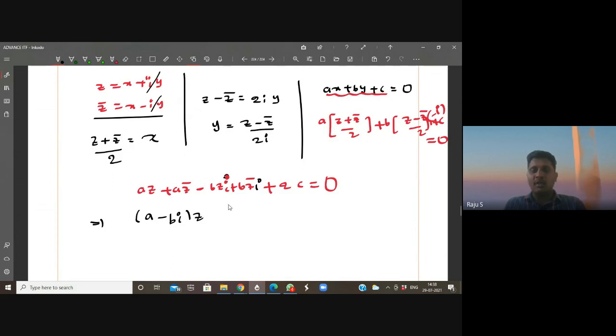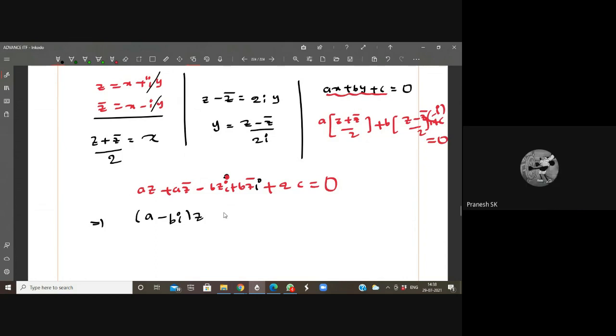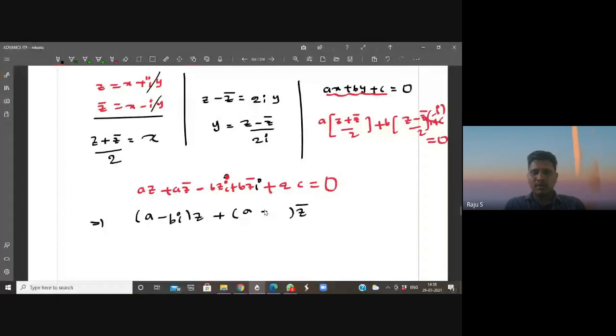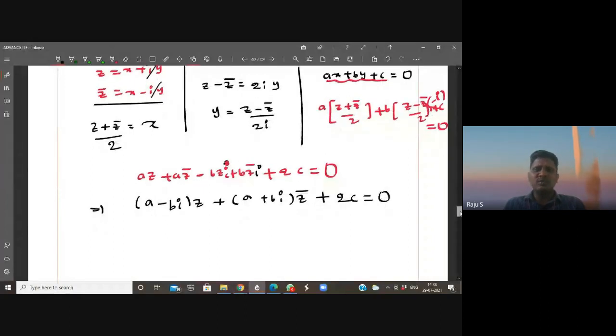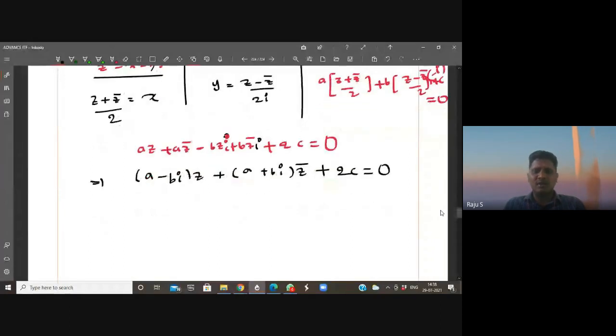I'm deriving the equation of the line in complex form, plus bi times z conjugate plus 2c is equal to 0. 2c is clearly a constant. Then students, what about this value?